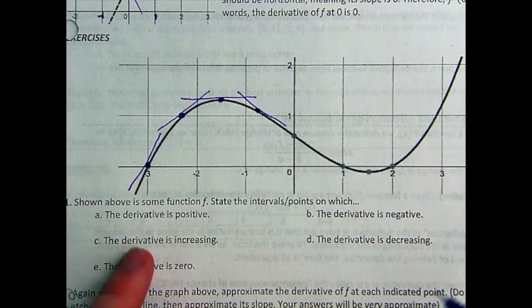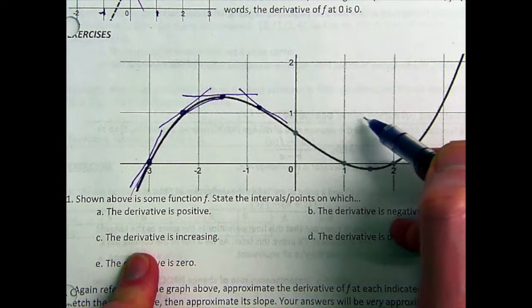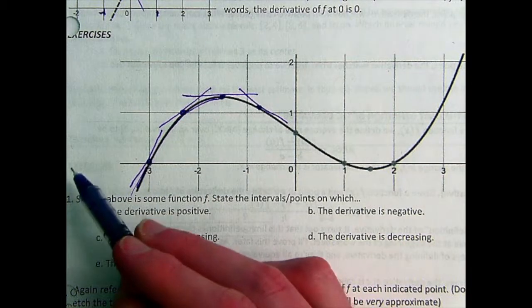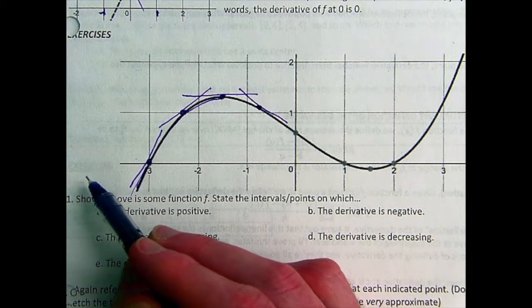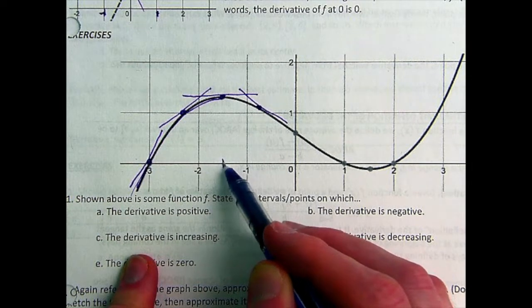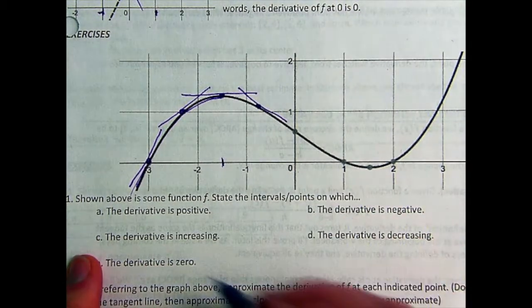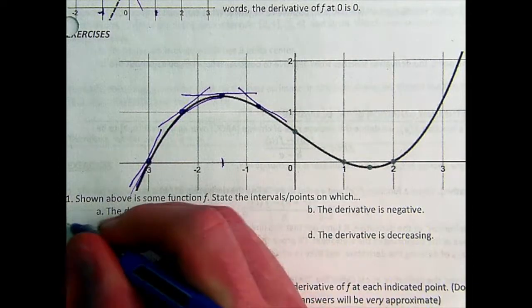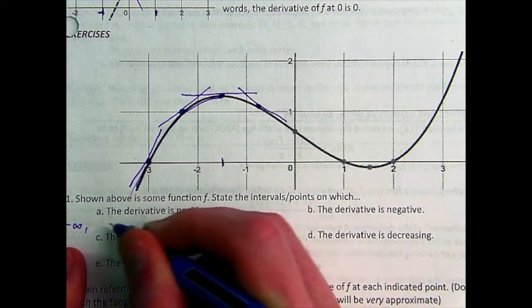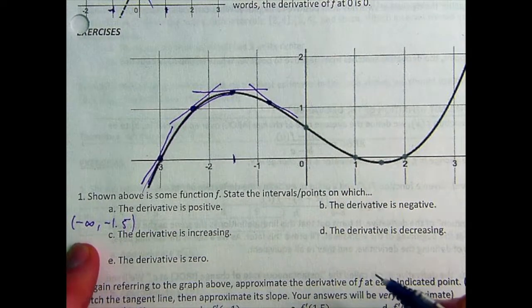So the derivative certainly seems to be positive on this entire region, which goes from -infinity up to, it looks like it switches to being negative right about there at -1.5. So I'll just say between -infinity and -1.5. Okay, that's where the derivative is positive.